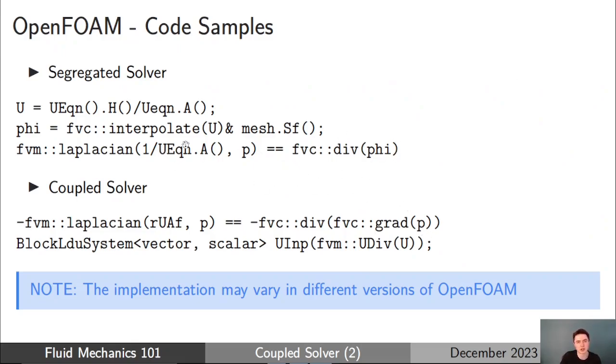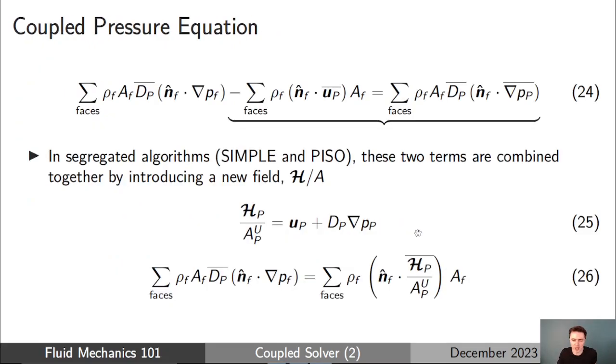But actually, if you look at the source code for the coupled pressure equation, you can see the left-hand side is the same, even though there's a slight change in notation there. But I want you to notice that the right-hand side is different. You can see we've got the divergence of the gradient of pressure here.